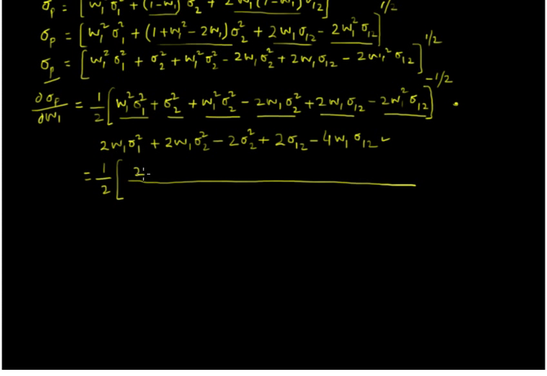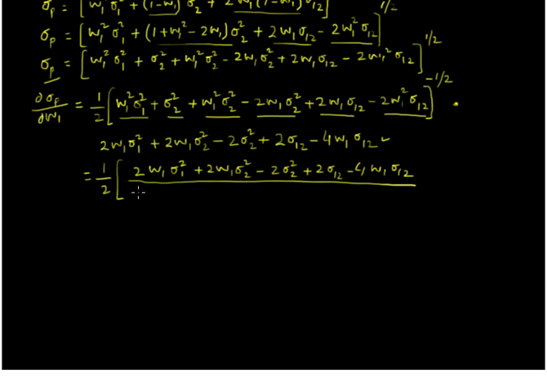So 2 times W1 times variance of 1 plus 2 times W1 times variance of 2 minus 2 times variance of 2 plus 2 covariance 1 2 minus 4 W1 times covariance between 1 and 2. And on the denominator we are going to have this term but with a power of half.